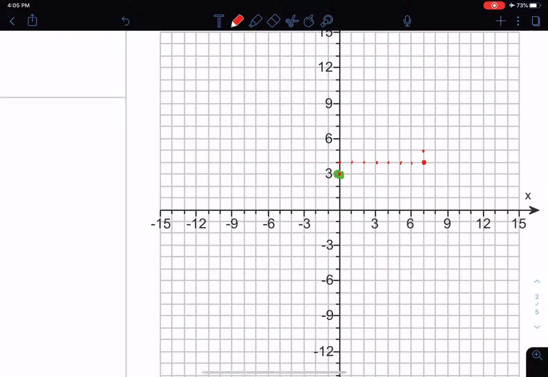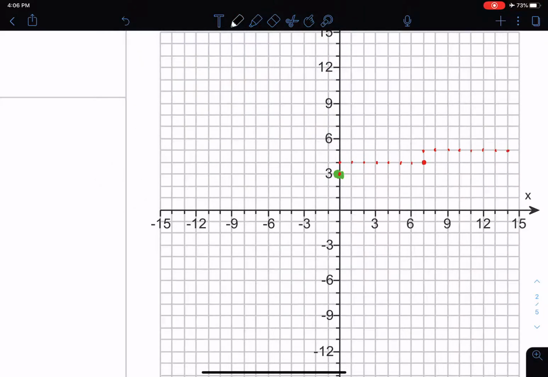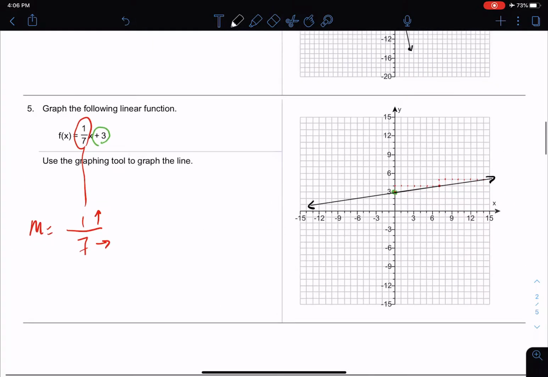Let's go ahead and make our line. And there is our linear function, f of x equals 1/7 x plus 3.